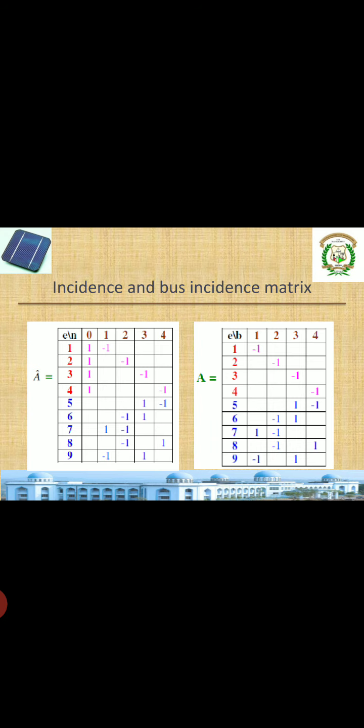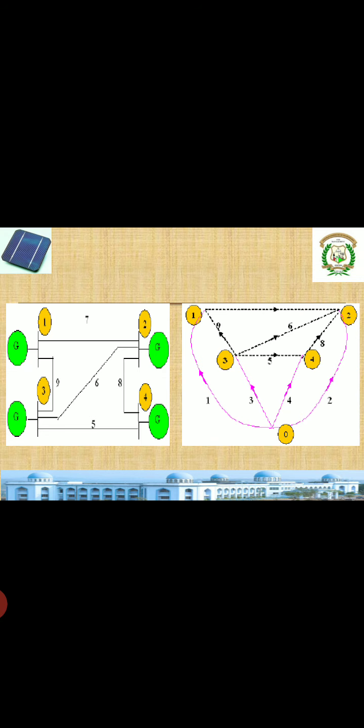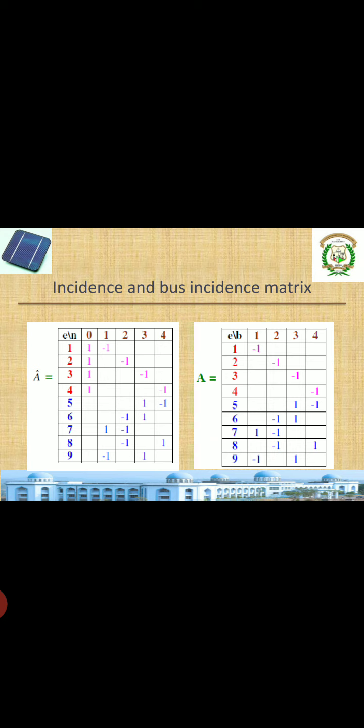For this particular figure, we have to write the A cap, then remove the 0th node, and we get the reduced incidence matrix. Wherever there are blank elements in the matrix, you have to put 0. This is the A cap as well as A.